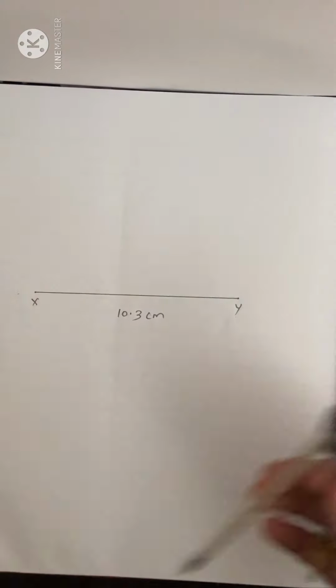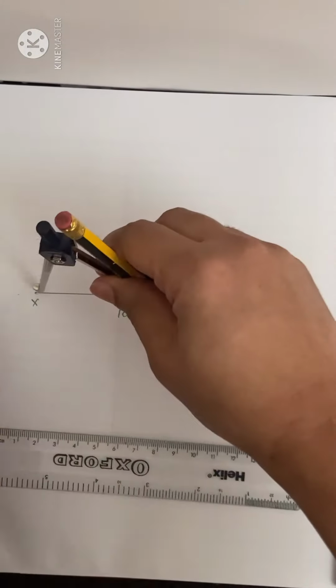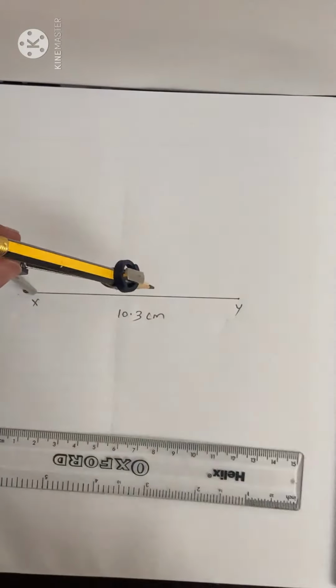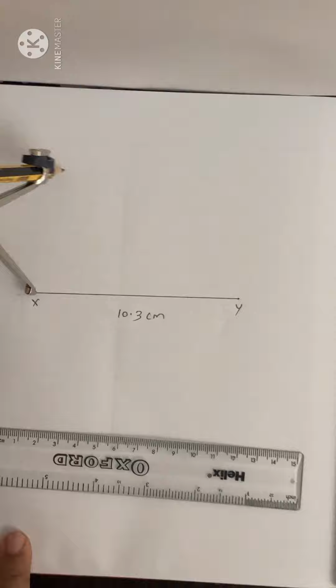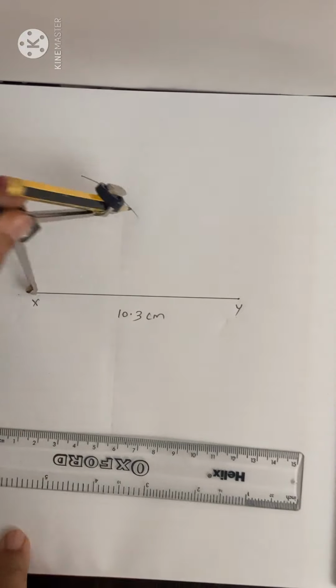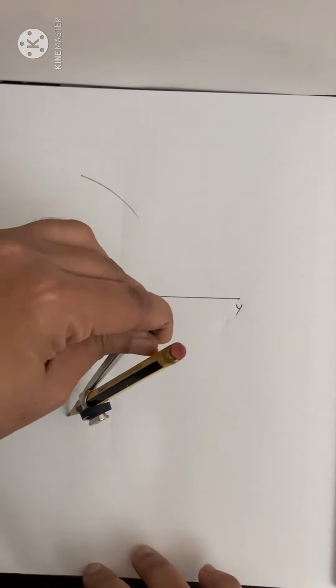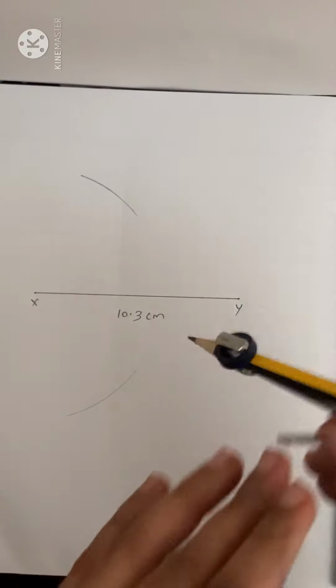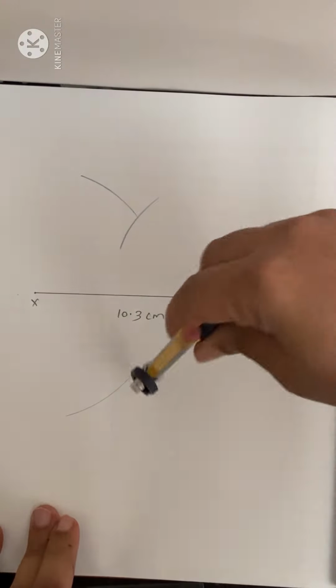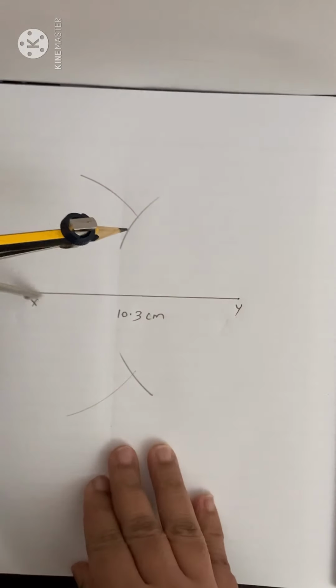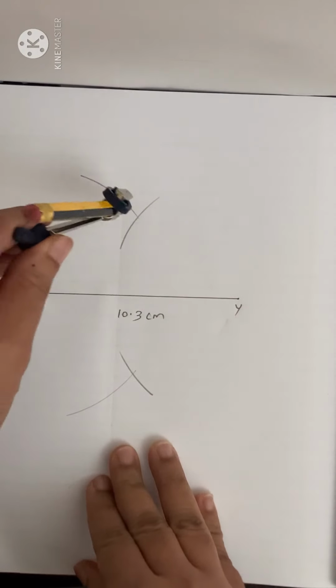Now with X as center, take a radius more than 10.3. Draw an arc up and down. With Y as center, draw arcs so that the two arcs intersect each other.